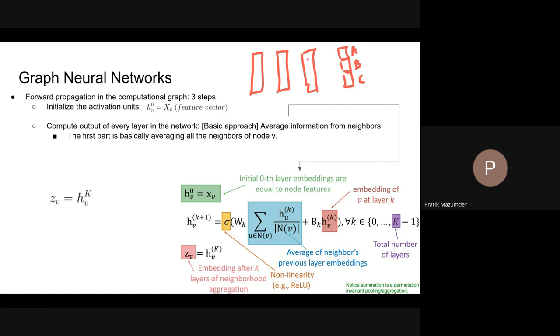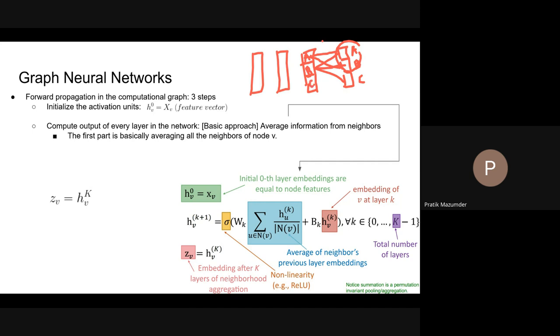What will be different is that once you have your initial set of features, when you update in your second layer and try to find the updated representation of A, you will definitely consider the previous representation of A, but you will also consider the neighbors of A. So in this case, suppose in this graph, the only neighbor of A is B. So we'll use both A and B features to get the updated feature of A. For B, suppose B is connected to both A and C. So you will get the features of all three nodes.